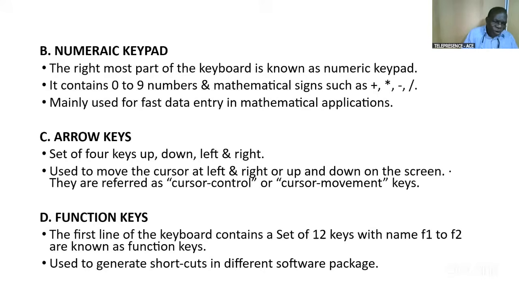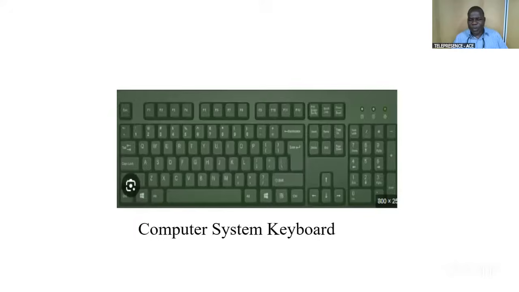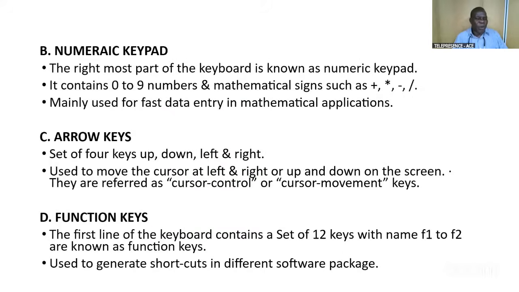We have arrow keys, a set of 4 keys: up, down, left, and right. If you go back to our keyboard, you will see the arrow pointing up, down, west, and east. These are the arrow keys.